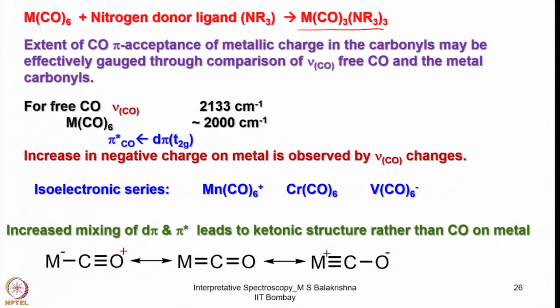Since nitrogen donor ligands are good sigma donors, to minimize inter-electron repulsion and to stabilize the metal in its zero valence state, more and more back bonding has to be considered. So a minimum of 3 carbon monoxides are needed in such cases to minimize inter-electron repulsion so that the zero valent metal is stabilized. So when considering only sigma donor ligands, in case of hexacarbonyls, we can replace only 3 of them.